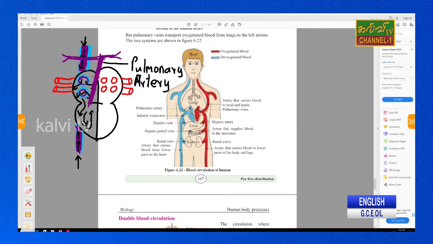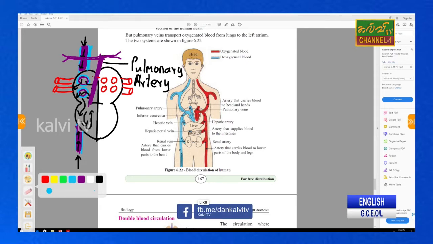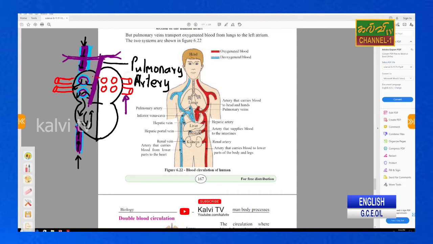Anyway, we have found out both of these are called pulmonary veins.